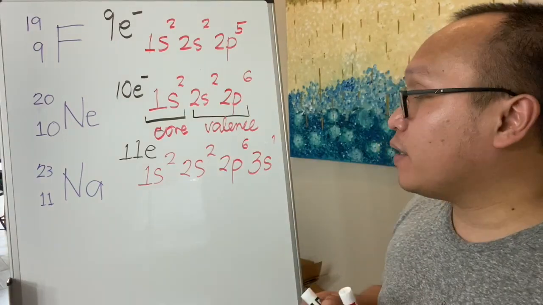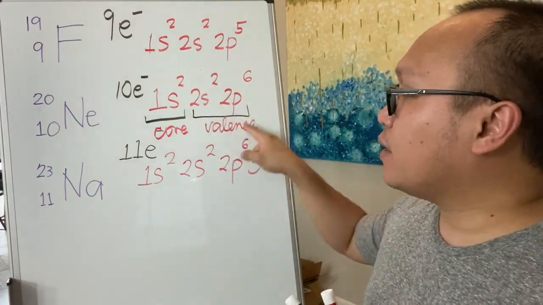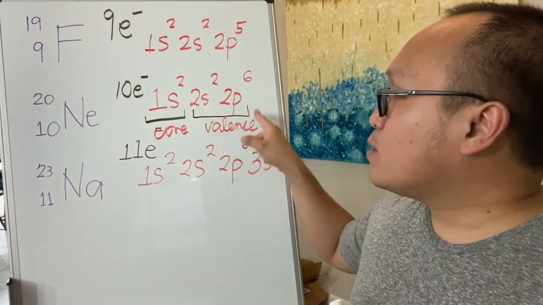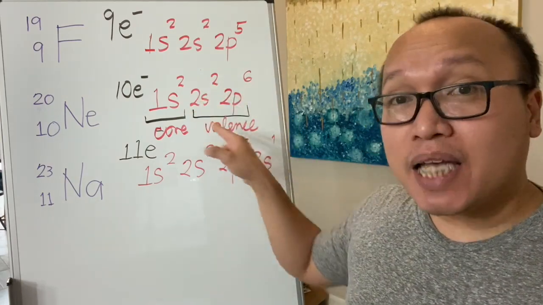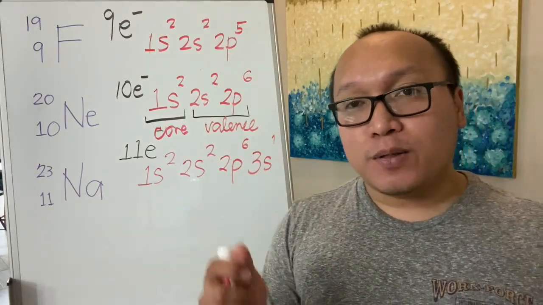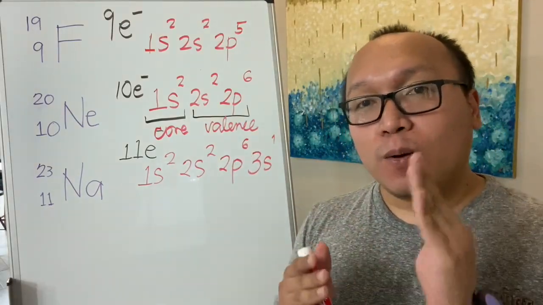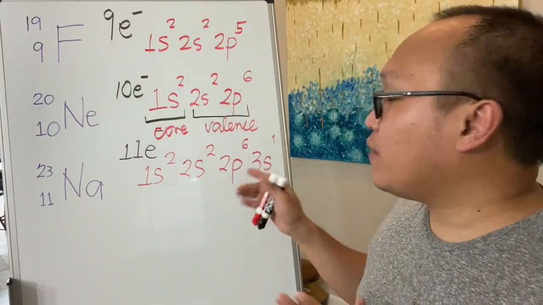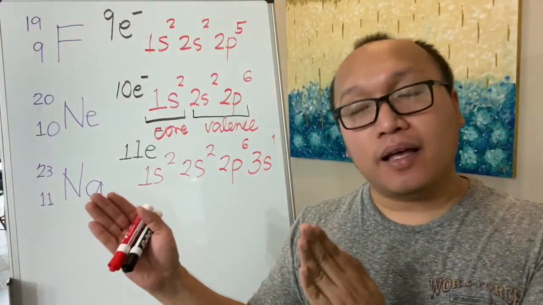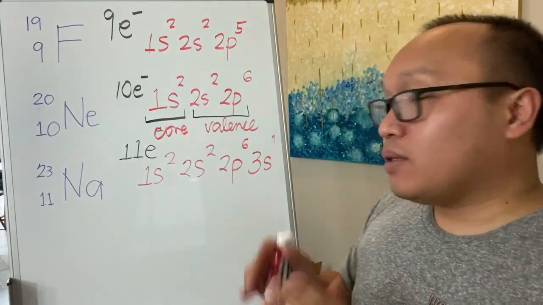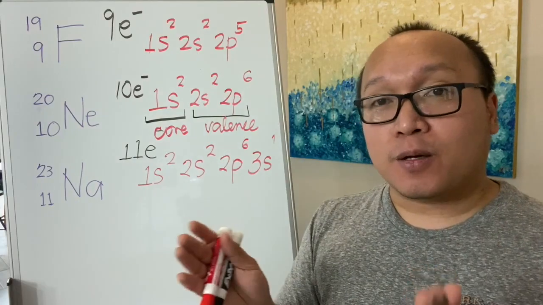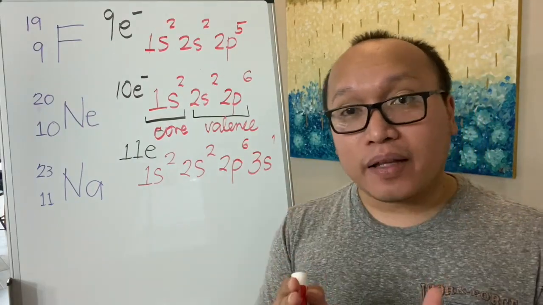And the stable configuration na sinasabi natin in this particular case would be a complete octet of electrons at the valence shell. So, kailangan yung nandun sa valence shell ay merong 8 electrons. So, completely filled ang 2s at ang 2p orbital. Kung ang valence shell naman natin nasa third quantum number, dapat yung 3s at 3p ay merong total of 8 electrons. So, that is what we call the octet rule.